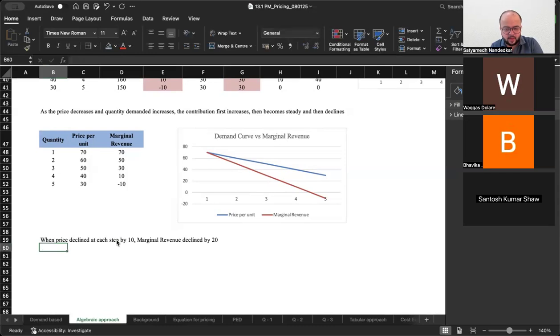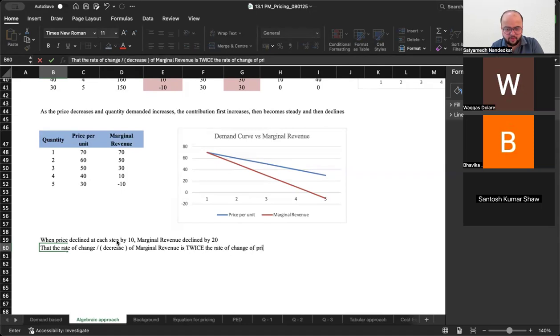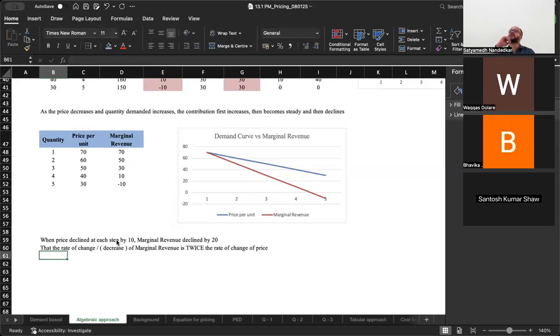So can you say that the rate of change, और यहाँ पे decrease हुआ है तो हम decrease की बात कर रहे हैं, applies for increase also, that the rate of change of marginal revenue is twice the rate of change of price. Can we say this, that marginal revenue declines at a faster pace as compared to price? Can we say that?